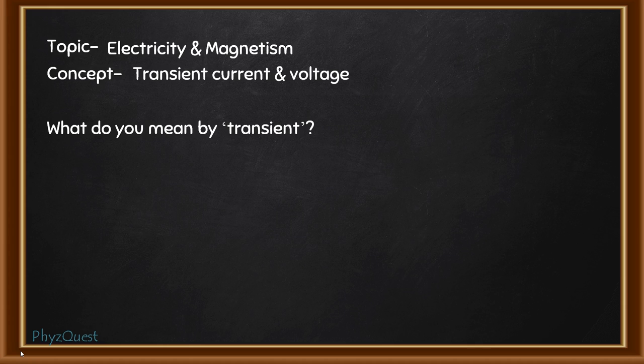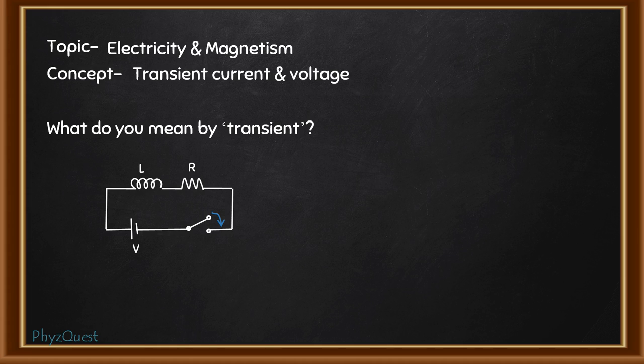Now transient, whenever you deal with a circuit with a voltage source along with different elements like resistor, capacitor, inductor, this term arises. Now consider this circuit. There is a voltage source V and elements inductor L and resistor R. There is a switch here. When the voltage source is connected to the circuit, after some time it will attain the steady state.